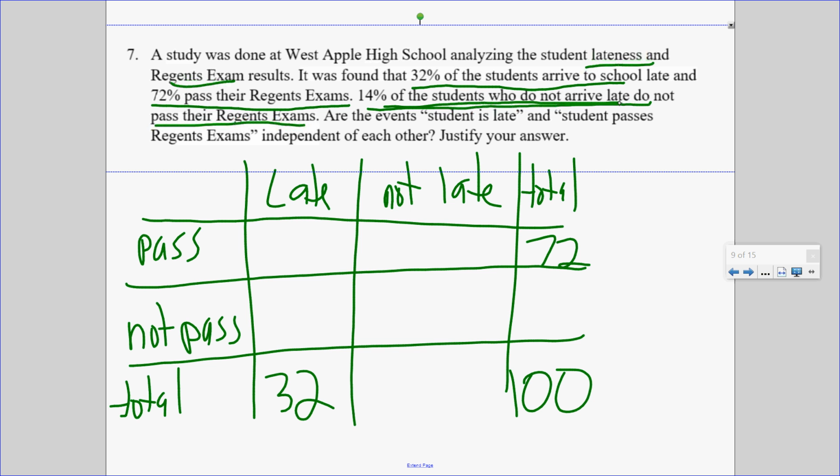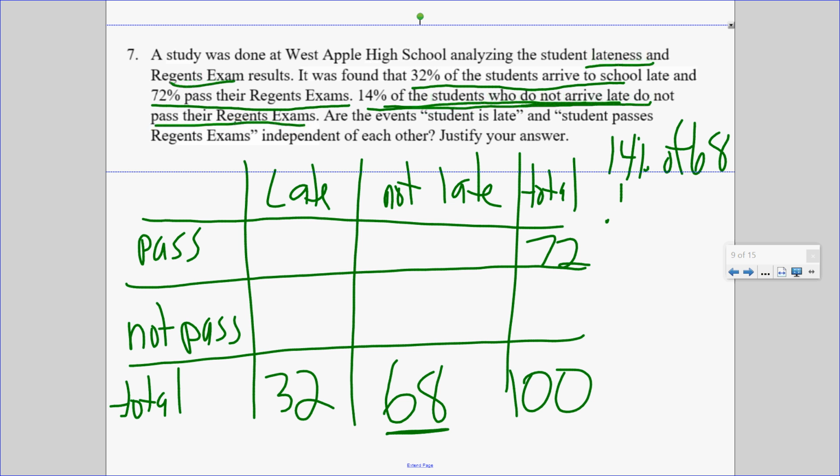I'm only looking at the students who do not arrive late. So I can subtract these here. 14% of 68. So this is definitely a little twist in this question. 14% of the 68% do not pass their Regents exam.